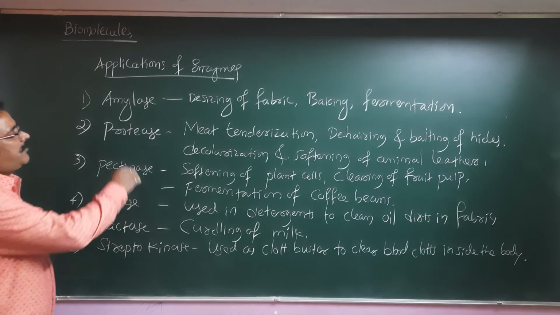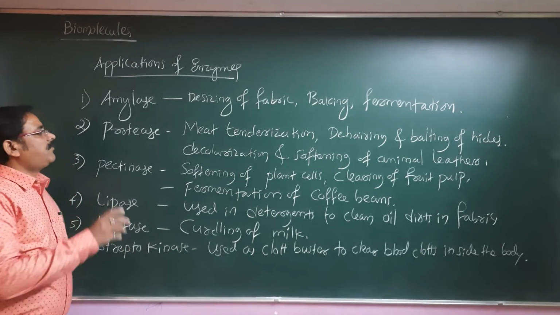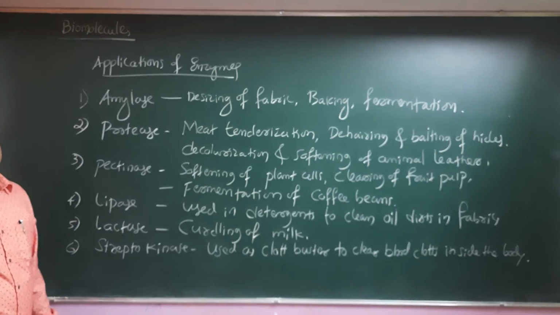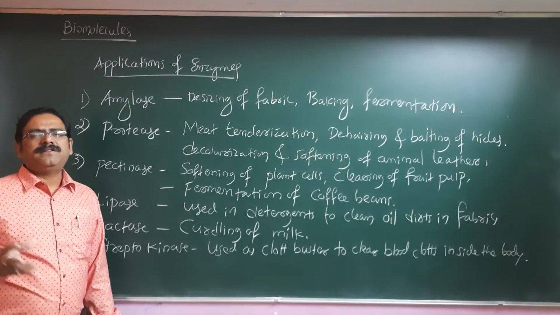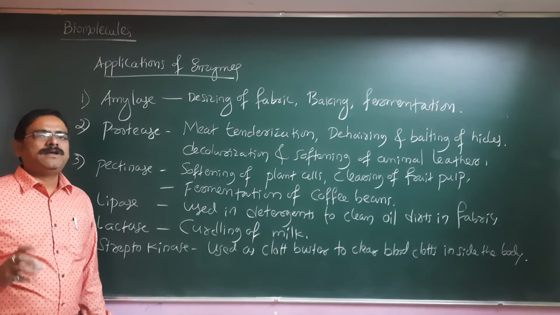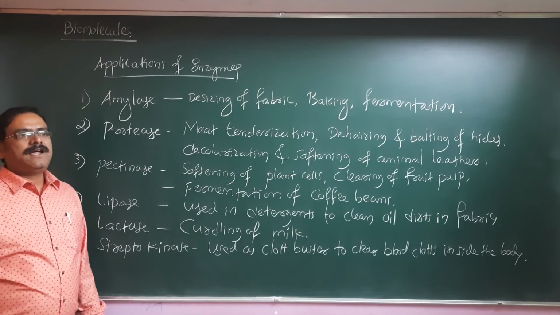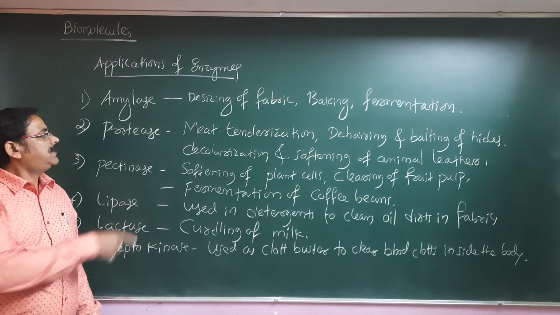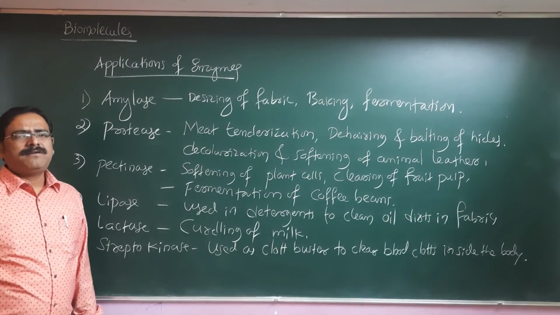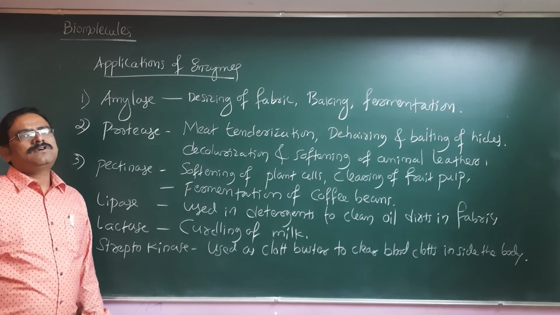And then proteases mainly act on protein. Generally beef meat is very hard, unable to chew, unable to digest. So overnight they treat that beef with the protease enzyme. The meat becomes soft, easy to cook and eat.